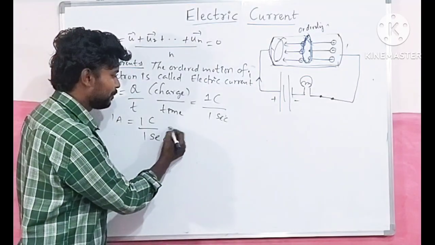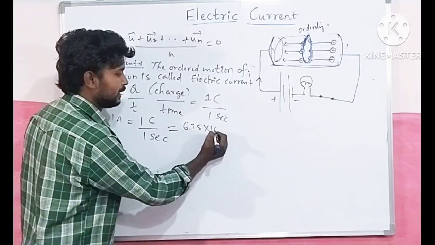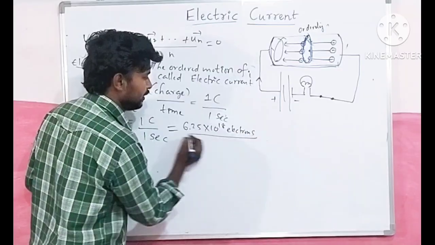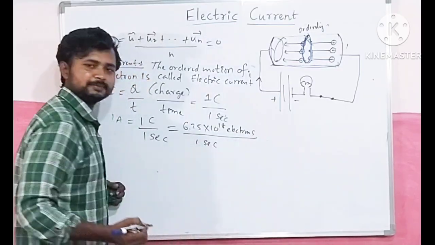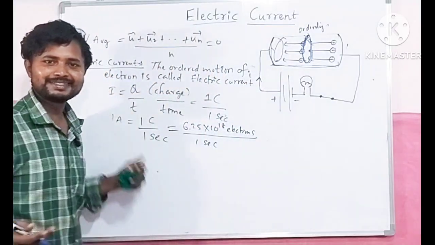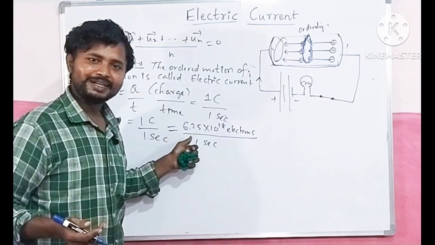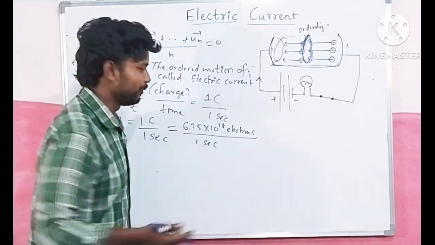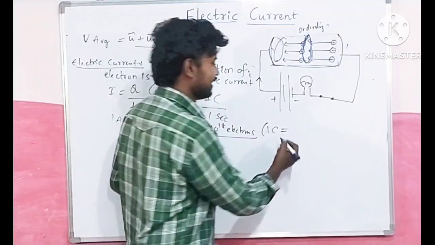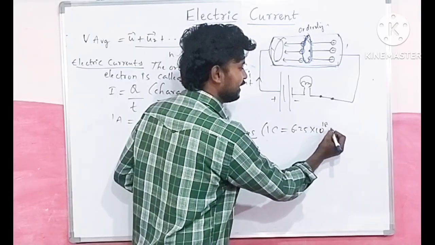So 1 ampere, 1 coulomb, we know equals 6.25 into 10 power 18 electrons, per 1 second. So in 1 second, how many electrons are moving in this circuit? 6.25 into 10 power 18 electrons are moving, because we know that 1 coulomb equals 6.25 into 10 power 18 electrons.